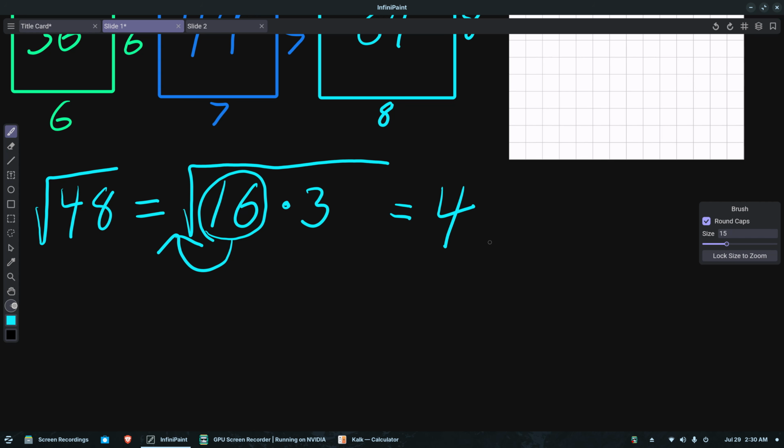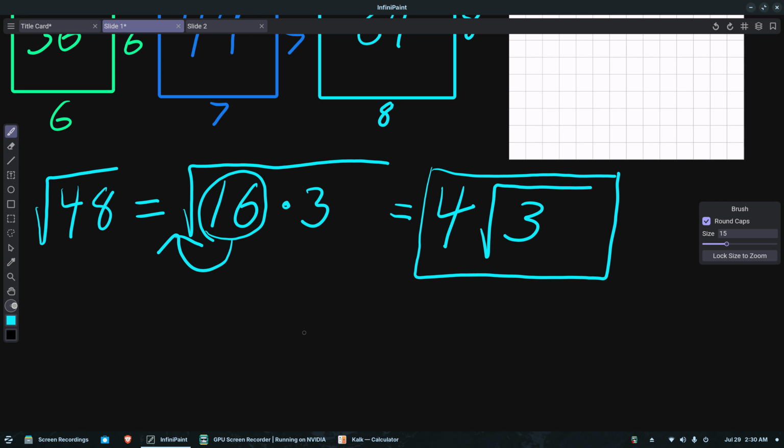Now we're going to put it to the left of the radical. And we have 4 there, and then we just leave 3 in the radical because it does not have to be further simplified. We cannot take the square root of 3. So we're just going to leave it in there. And then our final answer is 4 root 3.